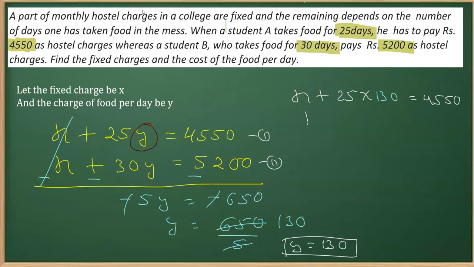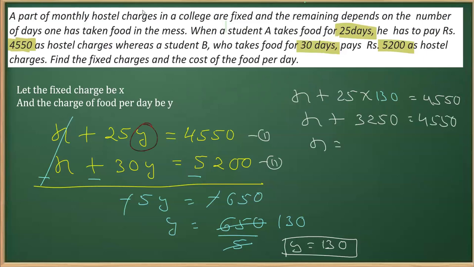We'll get X plus 25 times 130 equal to 4550. So 25 into 13 is 325, so this is 3250, and X plus 3250 is equal to 4550.